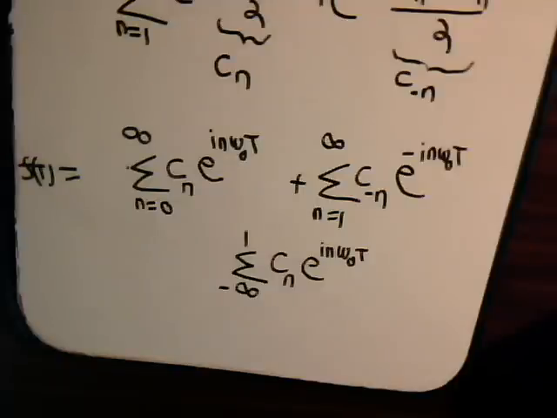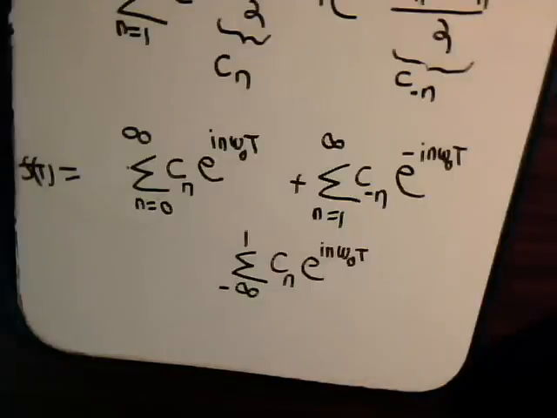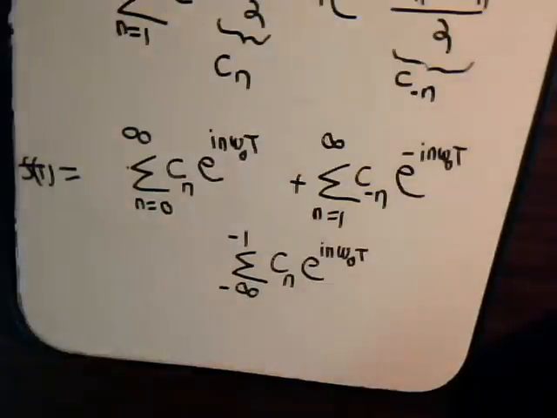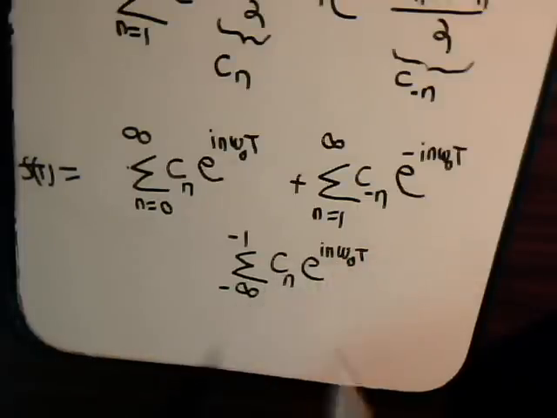Then this would give us nothing but the negative n's that we had up here before. So all these n's that we're summing over will be negative n's, just like they were right here.